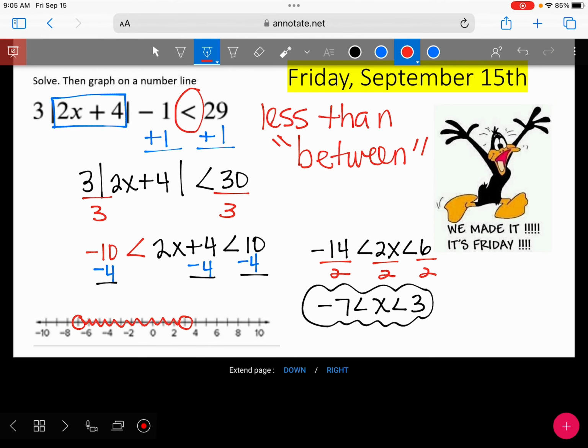All right, go ahead and take out your notes. So on Tuesday we talked about standard form. Today we're talking about another form, which I believe today we're doing slope-intercept.